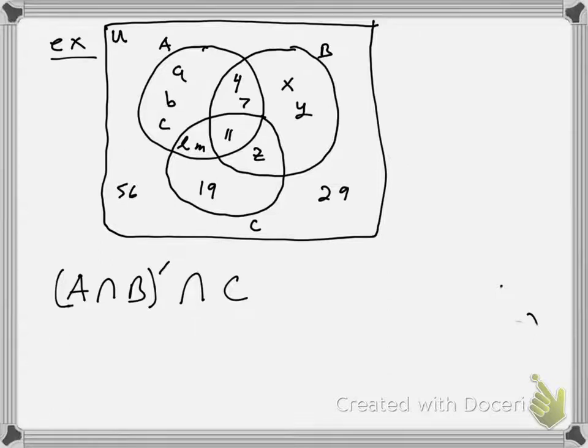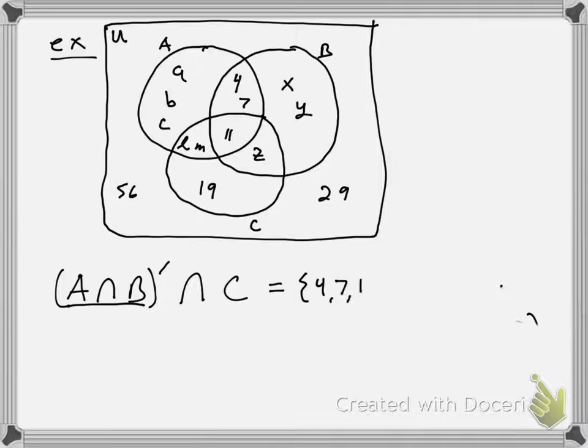Let's do what's inside here. A intersected with B is the things in both A and B. So that'd be these, right? Those are the two things in the A and B circle. So that'd be 4, 7, and 11.